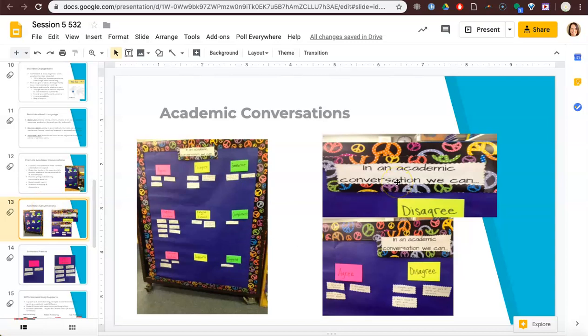At the top it said, in an academic conversation, we can, and then it had a bunch of things. So it said agree, disagree, summarize, extend or explain, complement, suggest, support, other things.